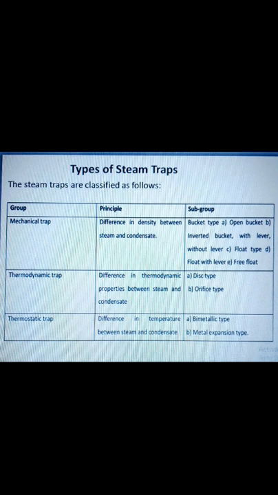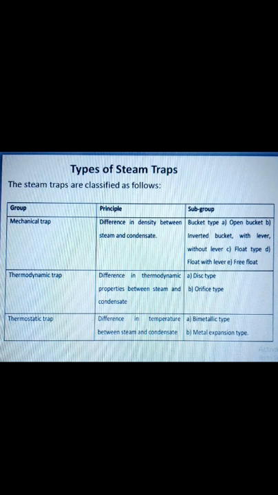First one is the mechanical traps. This type of trap removes condensate through the use of mechanical properties of steam versus condensate. Since liquid is denser than steam, it will travel to the bottom of the system. Mechanical traps have a bucket or float that rises and falls in relation to the condensate level, and this usually has a mechanical linkage attached that opens and closes the valves.